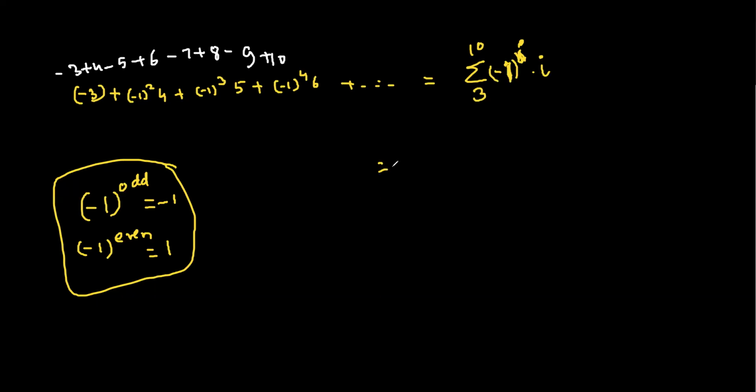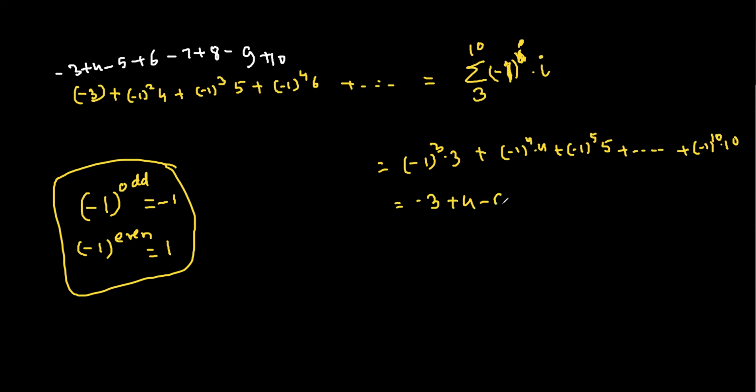When you put i is equal to 3, i is equal to 4, i is equal to 5, up to... minus 1 raised to 3 is what? Minus 1. This is plus 1, minus again, right? Up to plus 10.